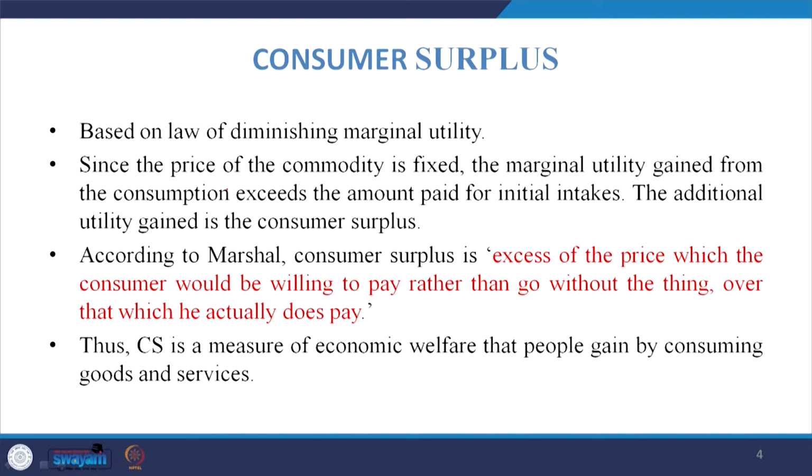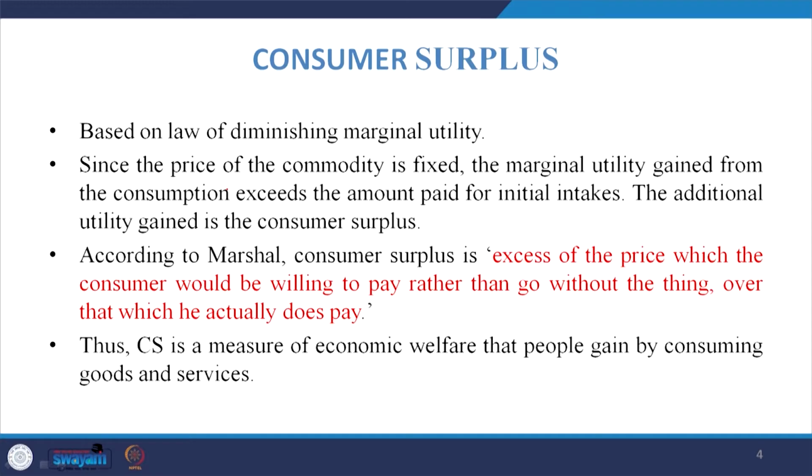Consumer surplus is based on the concept of diminishing marginal utility. When a consumer consumes different units of a product successively, every additional unit consumed provides lesser and lesser satisfaction or utility.